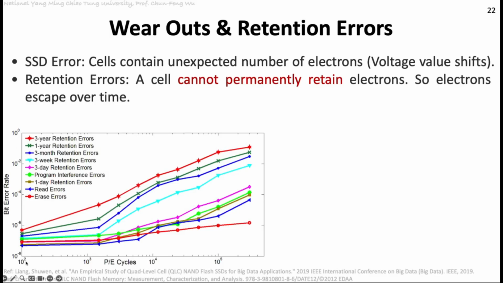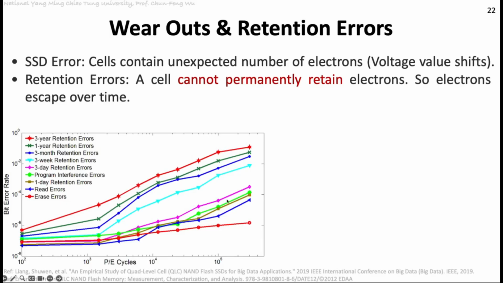Lower means good, because lower means there is only 1 error across many bits. So the error is lower. And 10 to the minus 2 means there is 1 error among every 100 bits. Okay, so the error will be super high. And 10 to the 0 means all bits are errors.